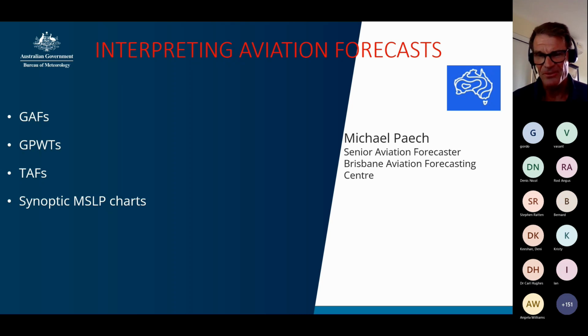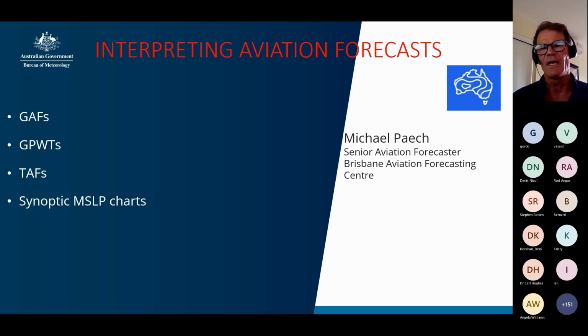Personally, I look at these all the time, so obviously they're very familiar to me. There are also probably some pilots in the webinar today that access these pretty regularly and have a fairly good insight into how they work. My presentation will be pitched a little bit lower than that, I'm sorry, but hopefully you'll bear with me and still get some good information out of this webinar.